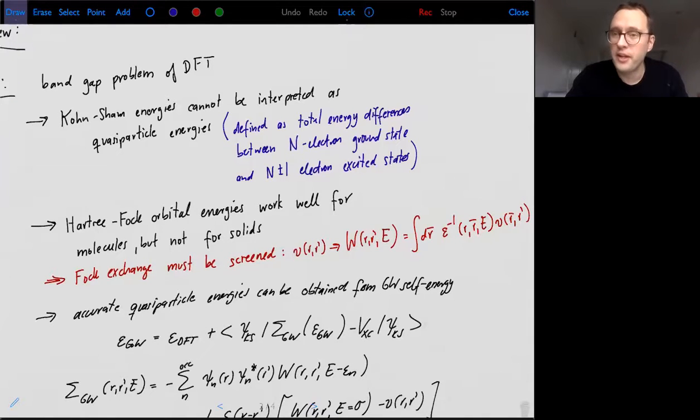And of course, in a solid, there are many more other electrons than in a molecule. So what we hypothesized then is that the Coulomb interaction that enters the Fock exchange potential must be replaced by a screened interaction, where you essentially divide the bare interaction by a dielectric function, and that dielectric function must be energy dependent.